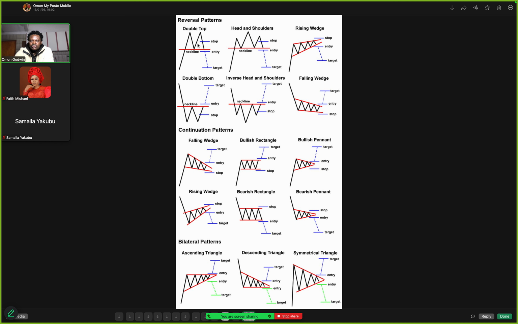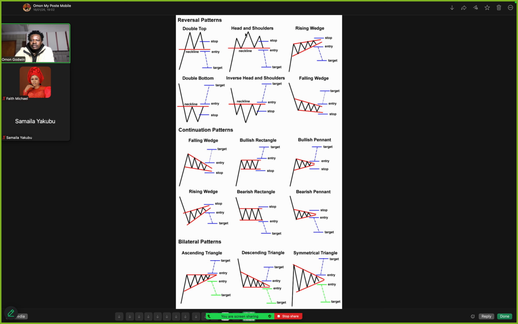Because most of the time, a double top can also fade if the market is not at a reversal point. Maybe it's just a pullback to touch this little support it created here before the market goes up. At times you can even scalp from here to here and make money to get out of the market.